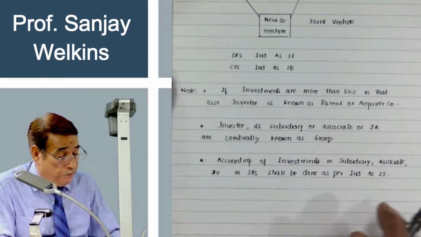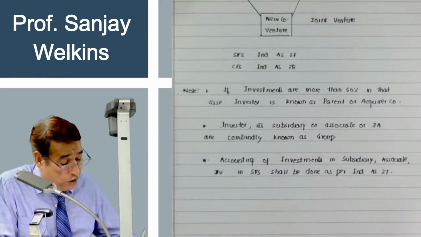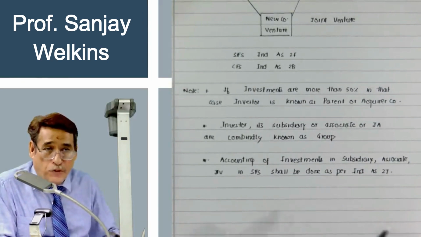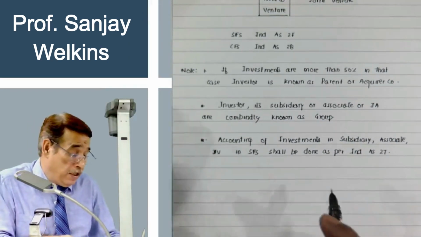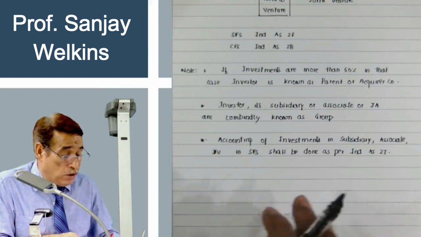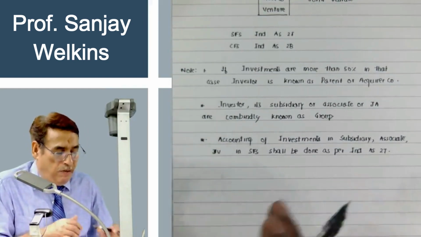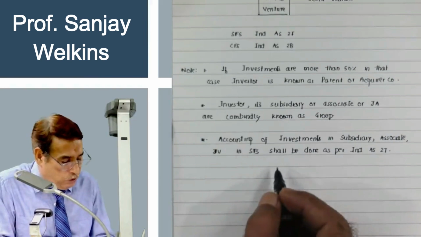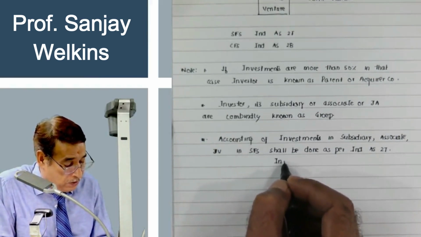So if I have a subsidiary or an associate or a joint venture, in that case I am supposed to prepare what we call separate financial statements. In that case, whatever investment I have made, I will account those investments as per Ind AS 27. Correct? We will see later on. Just for the time being, I am telling you what Ind AS 27 states.